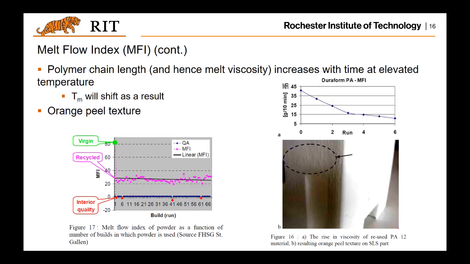And basically, this melt flow index describes the polymer chain's length, and it increases with time at elevated temperatures. That is the indication of how easily the molten plastic will flow at a certain temperature.